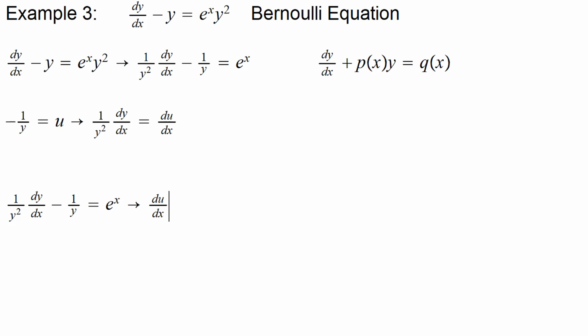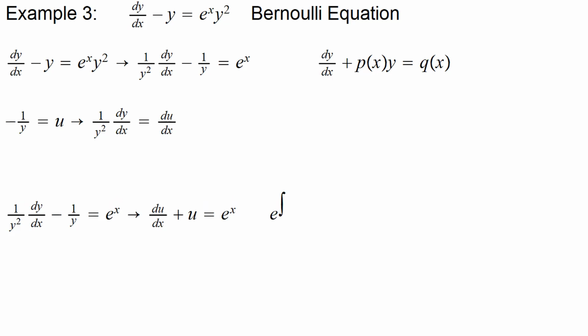minus u equals e to the x, right? Now it is a linear equation in u and x. One moment, remember that we had -1 over y as u, so this should be positive u. So what would your integrating factor be then?